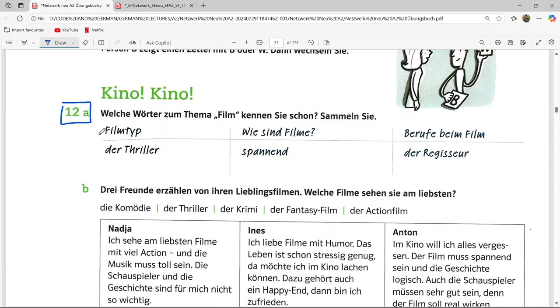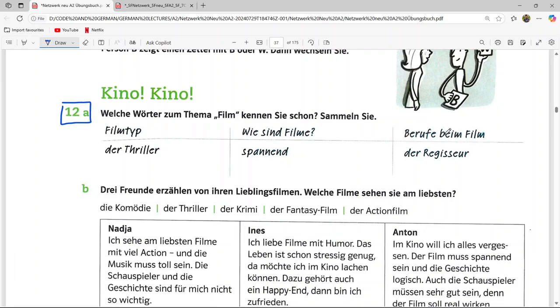Okay, for example, film type. So when two friends talk about film, we try to talk about what type of film you are watching. It can be thriller, it can be comedy, it can be fantasy, it can be action film. Wie sind Filme? How is the film? It can be exciting, it can be langweilig, boring. Okay, so spannend oder langweilig.